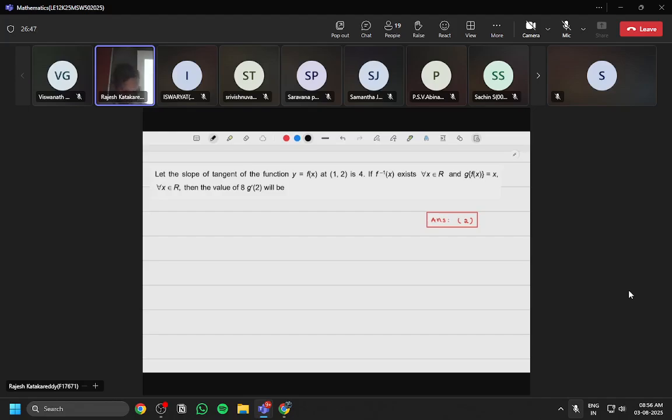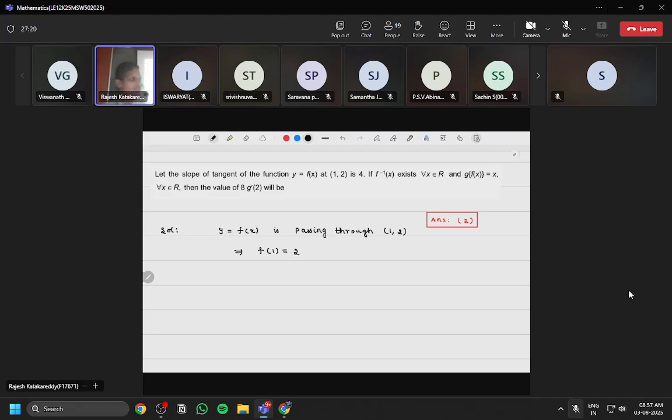Clear? So given the details, if I write here, they have mentioned that this curve is passing through 1 comma 2. If you substitute x is equal to 1, y is equal to f of x is passing through 1 comma 2, this implies f of 1 is equal to 2.